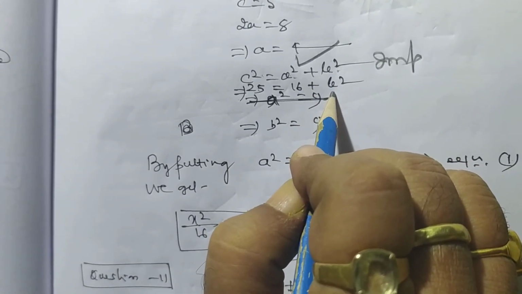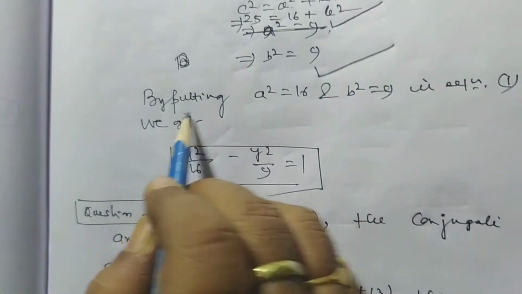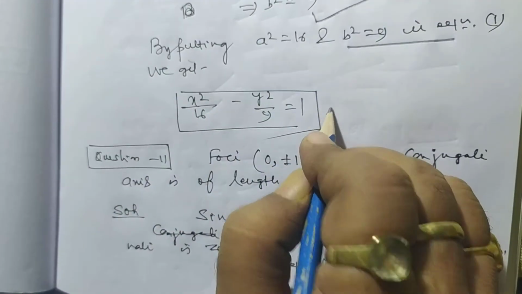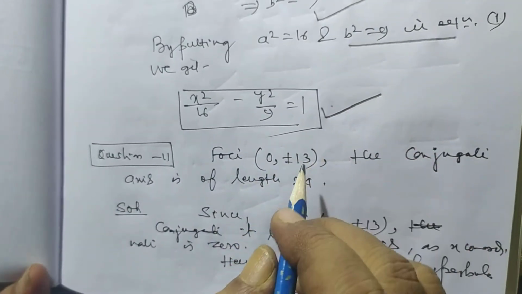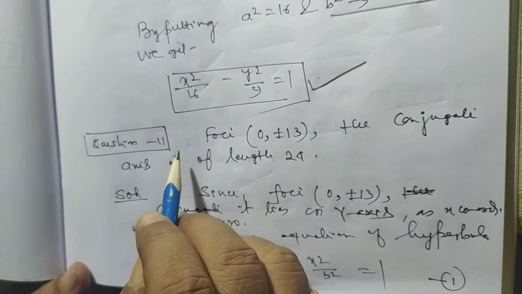So b square is equal to 9. Putting the value of a square is equal to 16, b square is equal to 9 in equation first, we have x square by 16 minus y square by 9 is equal to 1. We get the required equation of the hyperbola.